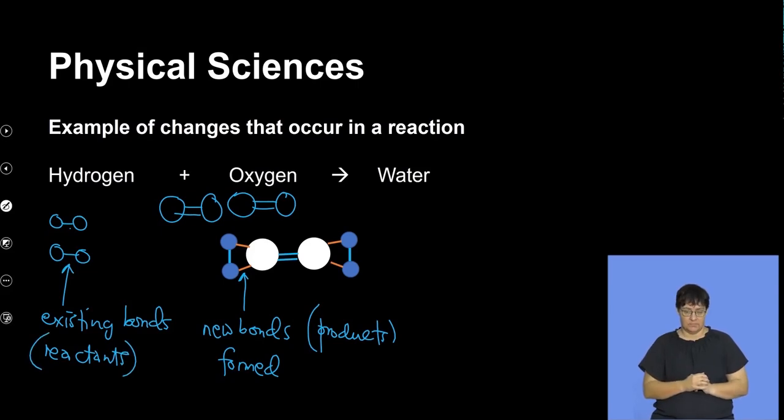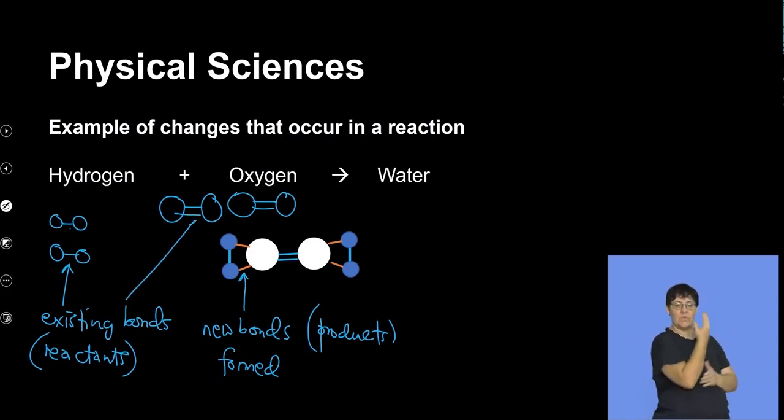Once these existing bonds are broken, we are able to form new bonds. This is another example of existing bonds in the reaction. The bonds between oxygen and hydrogen atoms are the ones that are formed, but we couldn't have formed these bonds had we not been able to break down these existing bonds.